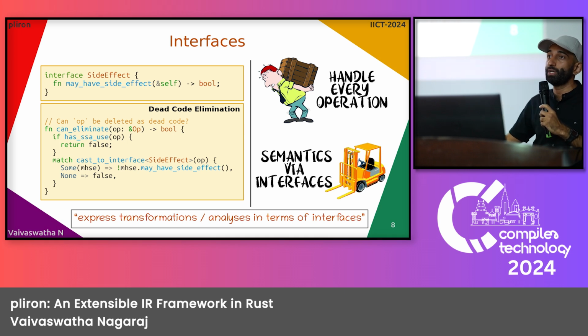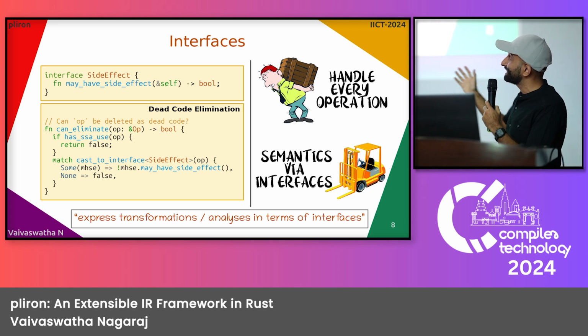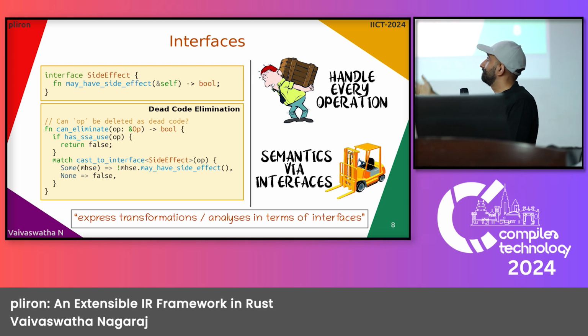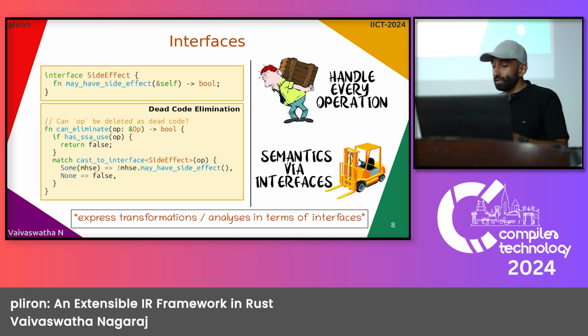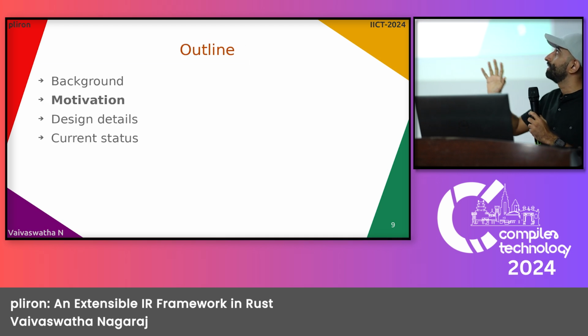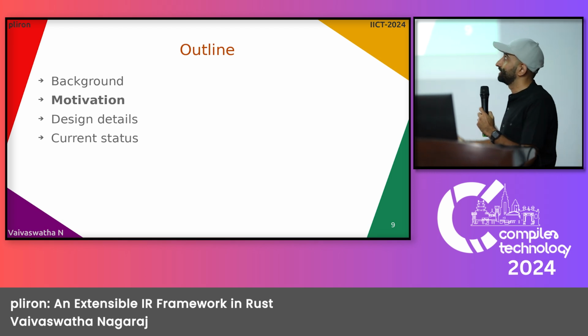You don't know anything about it, so you say, don't eliminate this. We should play it safe. But if the operation does implement the side effect interface, you can just ask the operation itself through that interface and act accordingly. And that's interfaces, and that's at least the way I understand MLIR or extensible compilers.